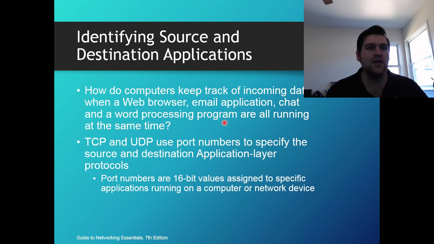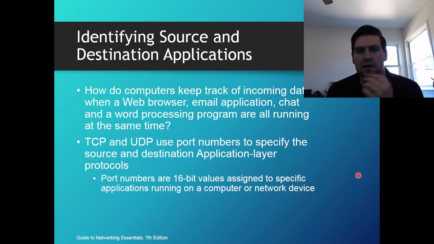TCP and UDP use port numbers to specify the source and destination application layer protocols. Port numbers are 16-bit values assigned to specific applications running on a computer or network device. If you calculate 2 to the power of 16, because we have 16 bits total, it's 65,536, I think.